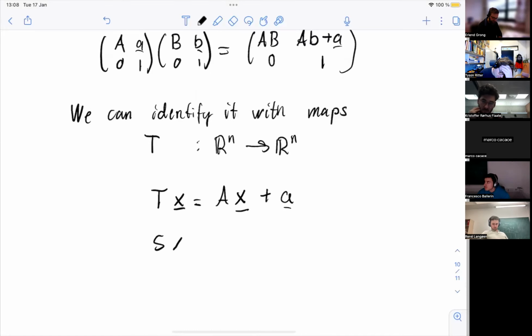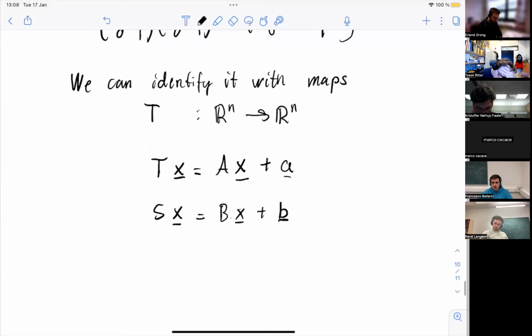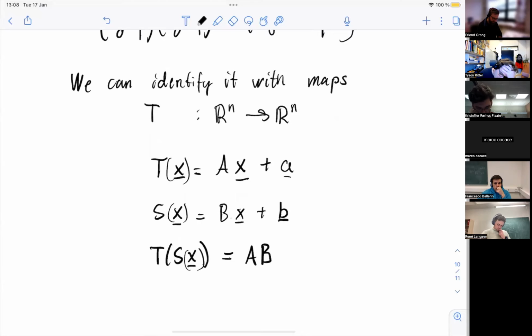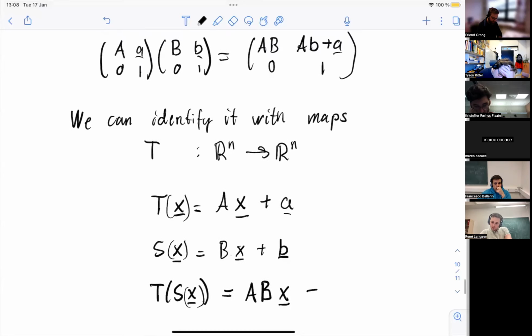Now if S is the same transformation, but with different matrices B, then you can check that if I first apply T and then apply S to x, what I get is ABx plus Ab plus a.